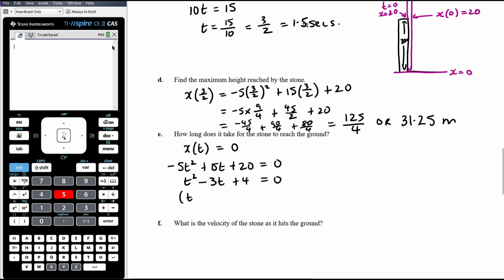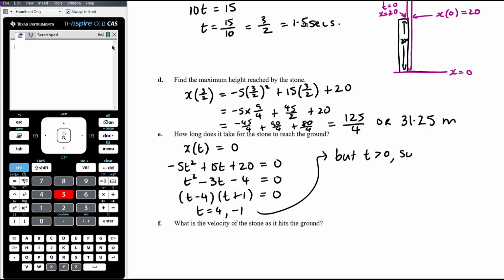So down here when I divided by negative 5, that should have been minus 4. Okay, so factors of negative 4 that add up to negative 3, so that'd be t minus 4 and t plus 1. And so therefore t equals 4 or negative 1, but obviously time is positive. So t equals 4. So it takes 4 seconds for the stone to reach the ground.